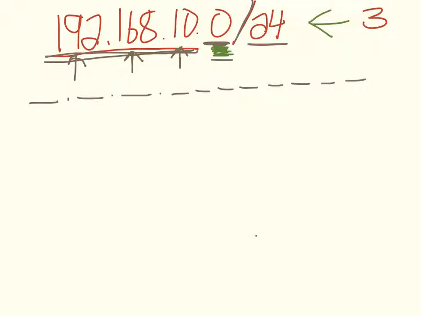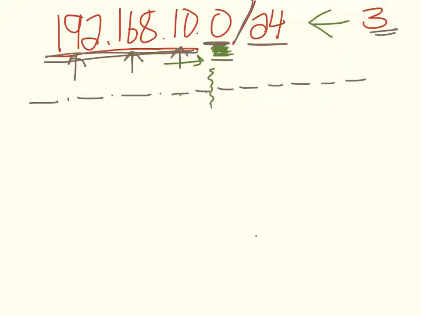I need 3 networks, so I have to decide where to draw the line. 1 bit won't give us 3 networks, but 2 bits would give us 4 networks.